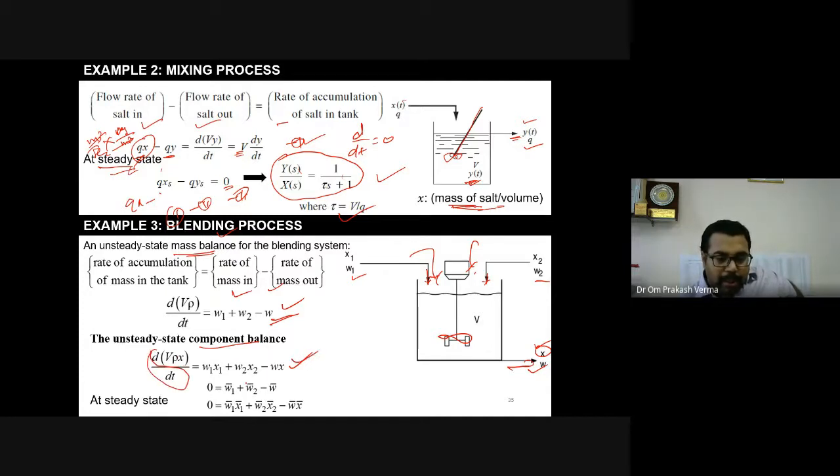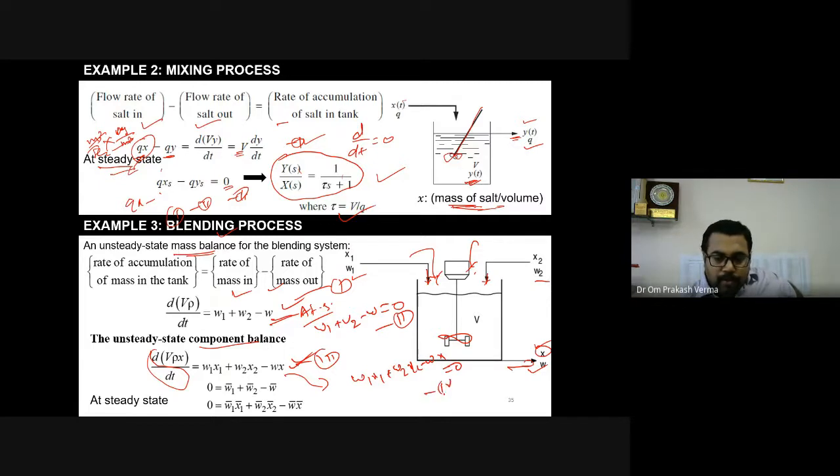So at the steady state, this equation becomes w1 plus w2 minus w equal to 0, and let's say this is equation number 1, this is equation number 2, this is equation number 3, and at the steady state this equation becomes w1 x1 plus w2 x2 minus wx equal to 0.